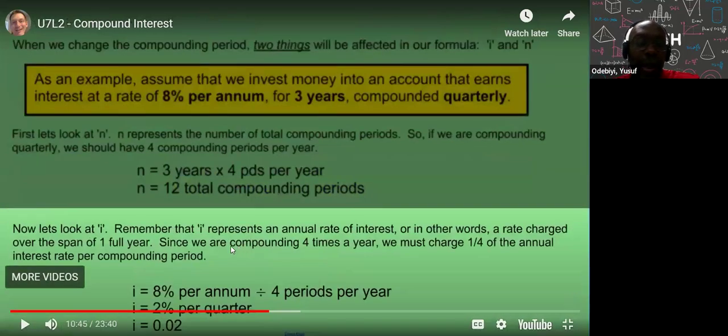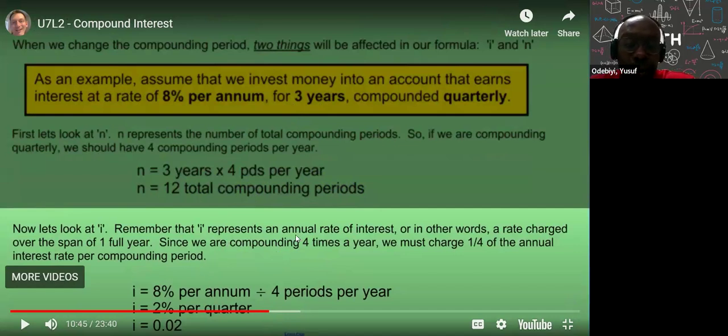Now we looked at n as the total number of compounding periods in the 3 years. So we get 12 compounding periods in 3 years, because in 1 year there are 4 compounding periods. Now we have to look at the interest rate.